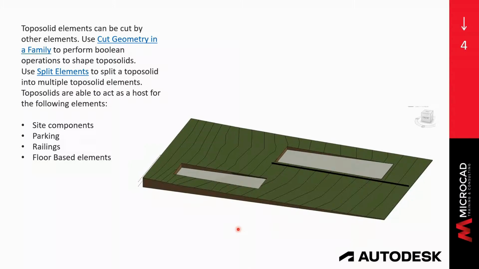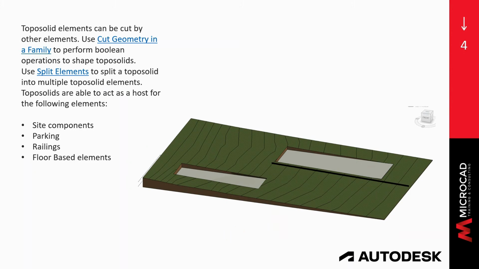Toposolid elements nowadays can be cut by other geometry, and they can host a whole bunch of elements like site components, parking, railings, and floor-based elements.